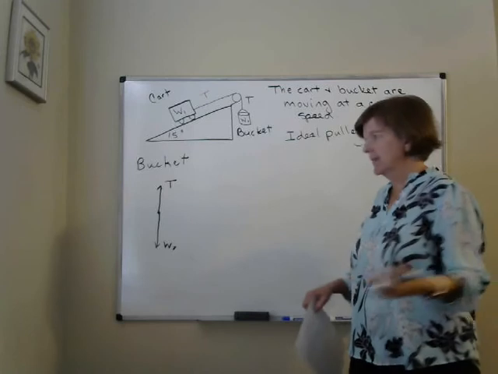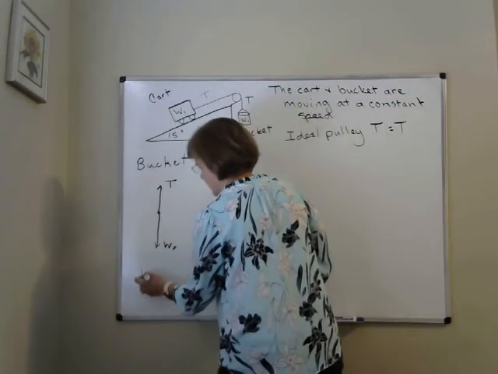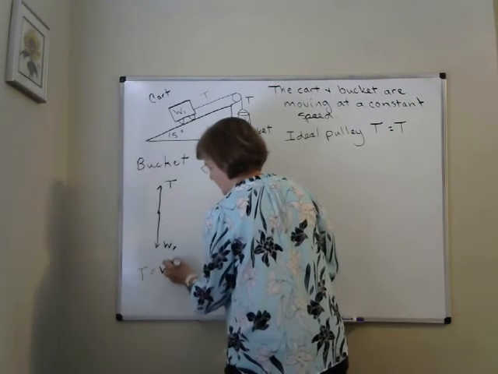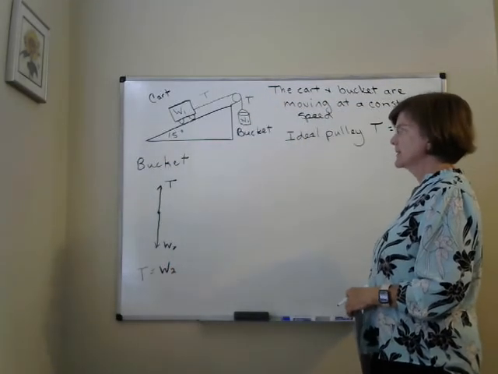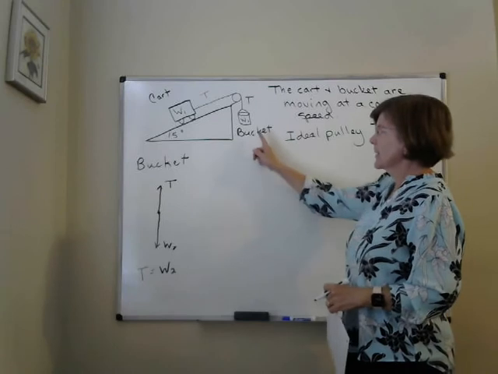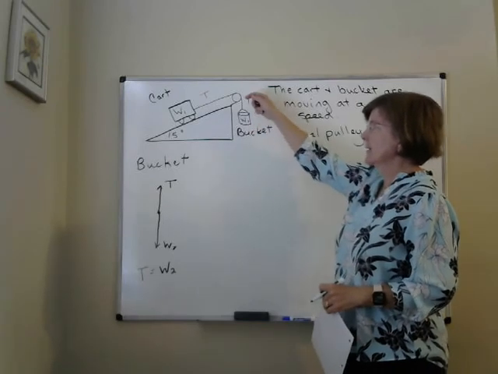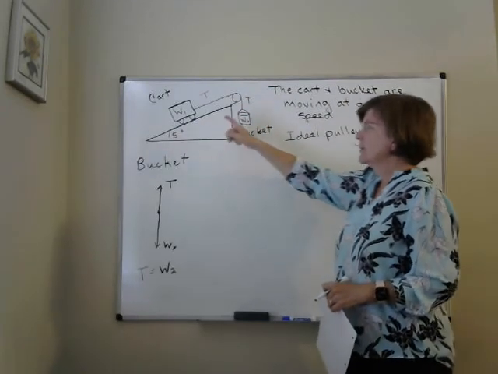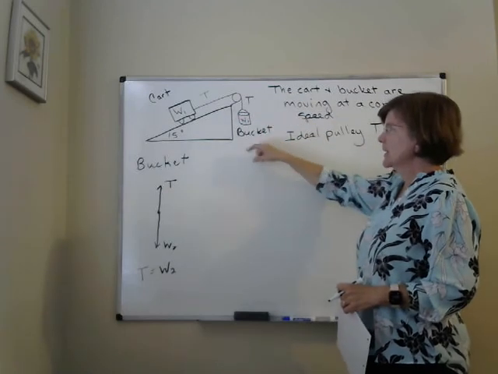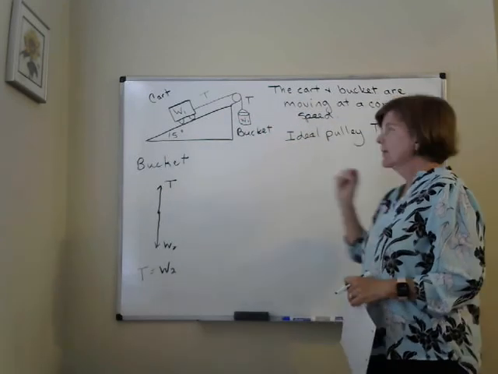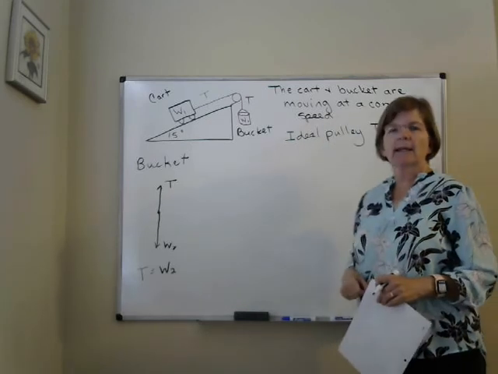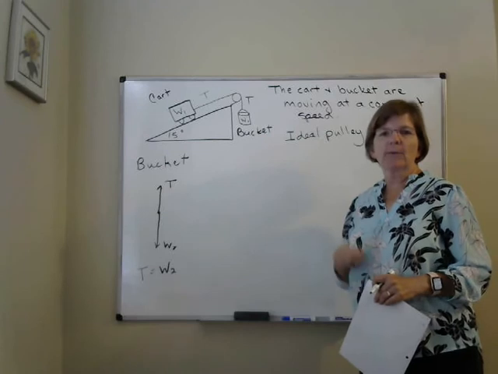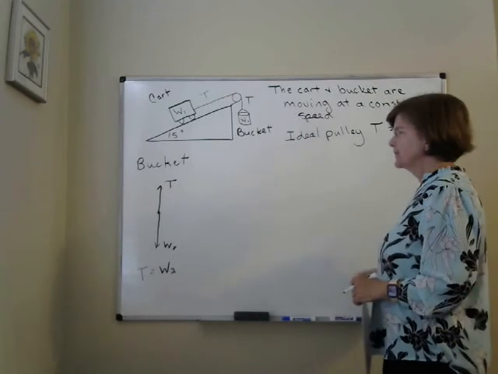But that's obvious. So T equals W2. Well, that's what the first free body diagram tells us. It does not matter whether this bucket is being raised and the cart's going down the ramp, or whether this bucket's being lowered and the cart's going up the ramp. The part that matters is we know it's moving at a constant speed, and we know it's moving in a straight line, whether it's moving up or down.